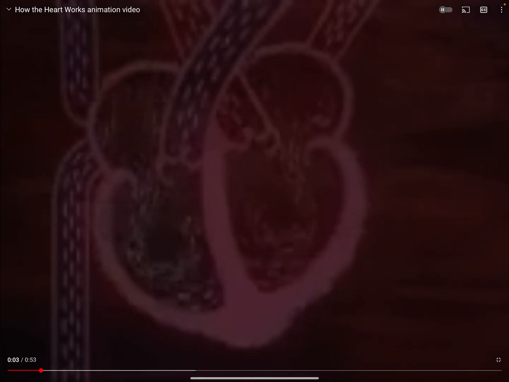Heart valves control the direction of the blood that flows through the heart. There are 4 valves, 2 regulating inflow, 2 regulating outflow. Notice how the valves snap shut when blood is pushed back against them. Real heart valves look and work like this.